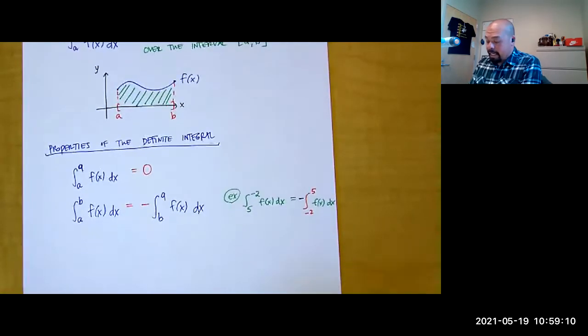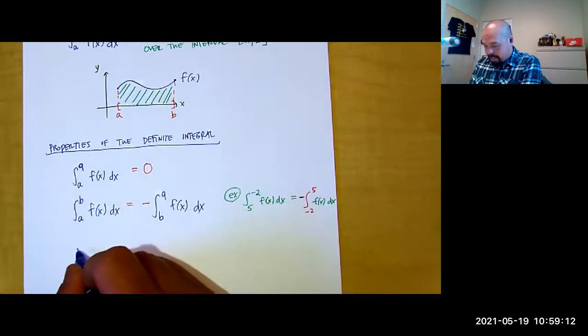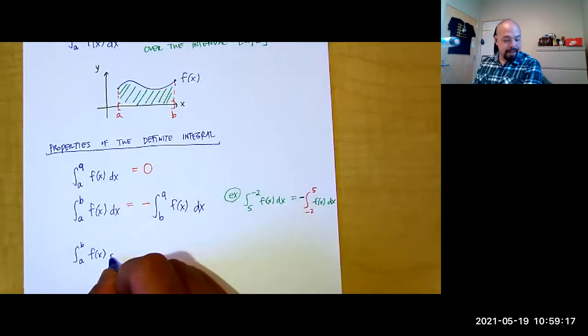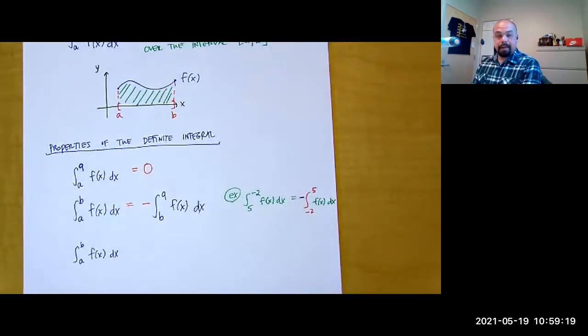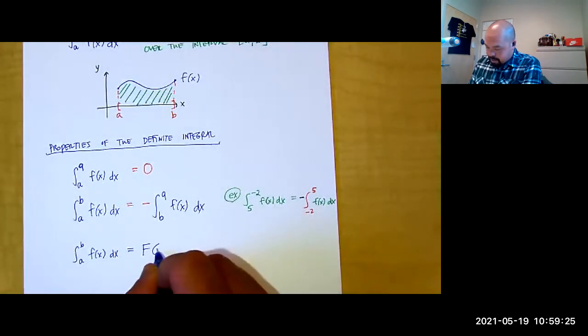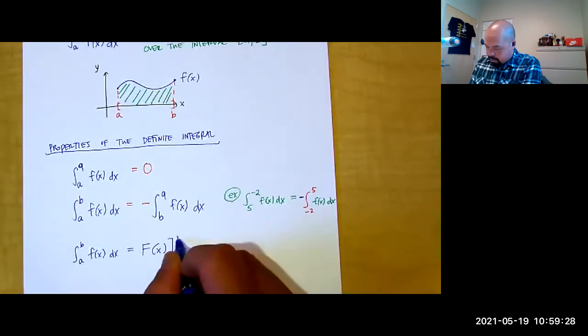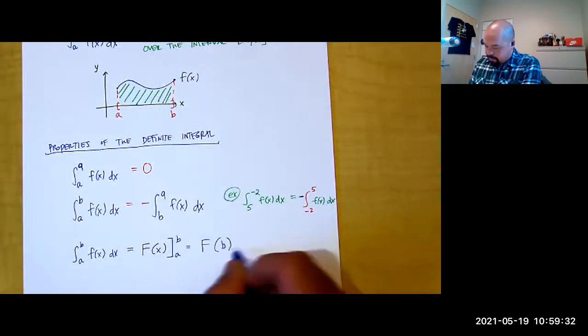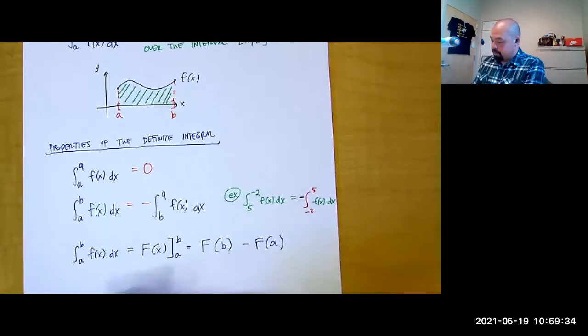All right. And then kind of getting into our calculation, maybe not necessarily a property, but doing this work. Okay. If I want to actually compute that, remember we're going to do that capital F of b minus capital F of a, right?